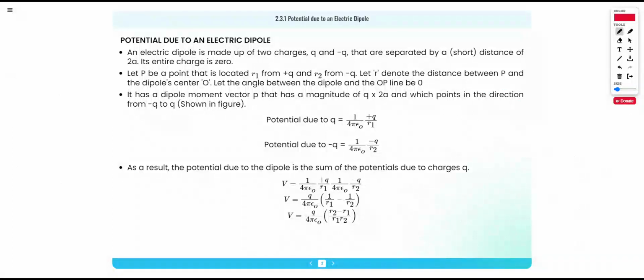Let's see. We have derived the equation. The equation was V is equal to K p cos theta over r square.